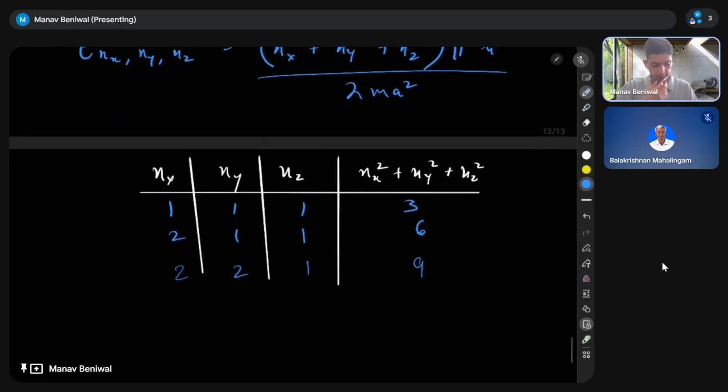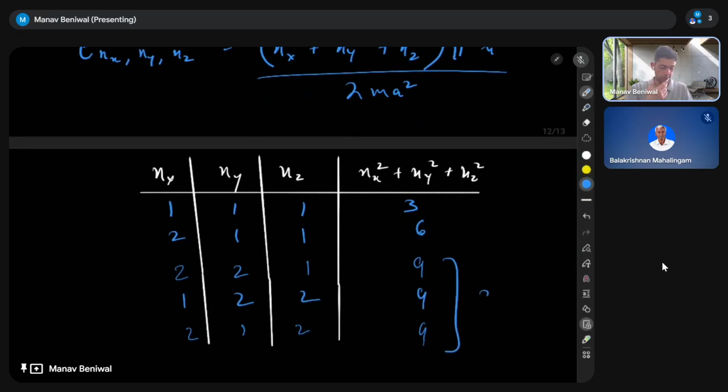And now there are 3 ways to get this as 9. Those 3 ways are: put 1 here, 2 here, and then put 1 here and 2 here, so 9, 9. There are no other ways to get 9, so in total we have 3 ways.